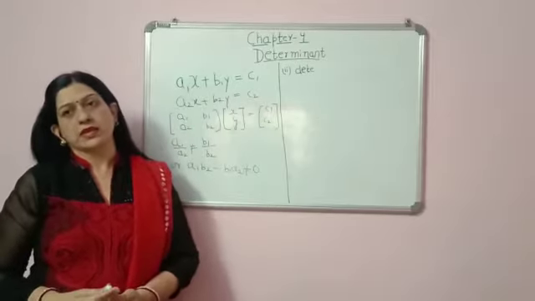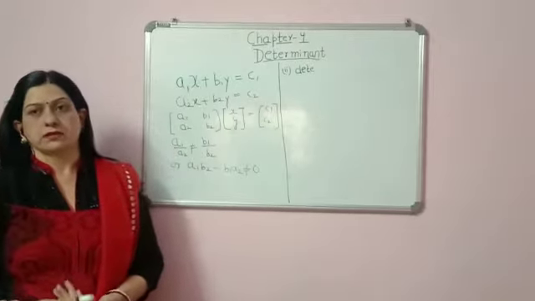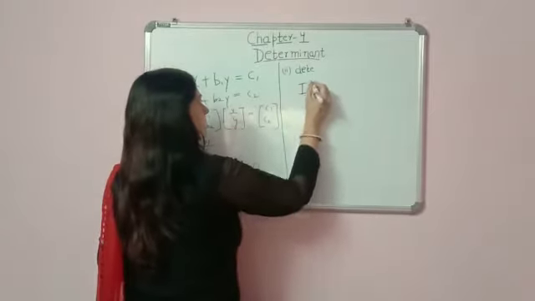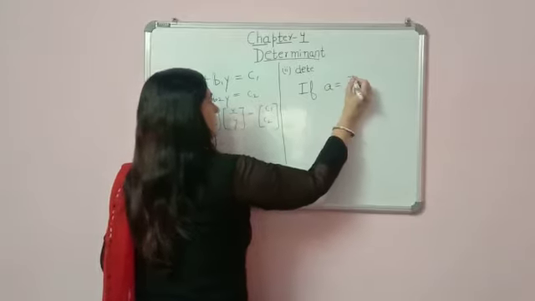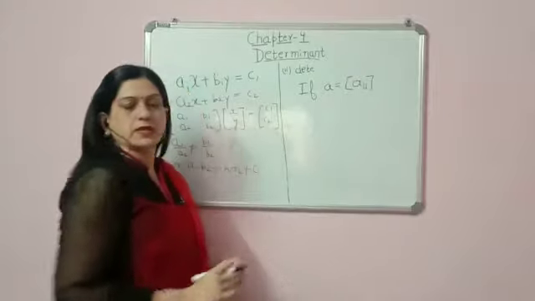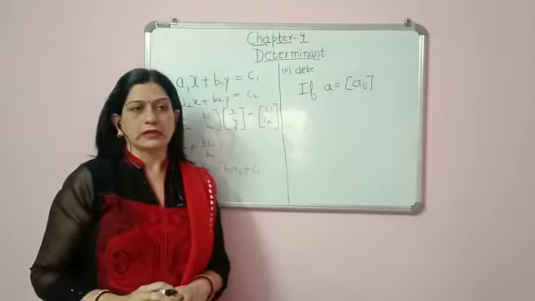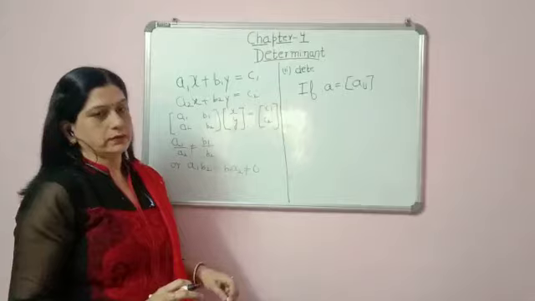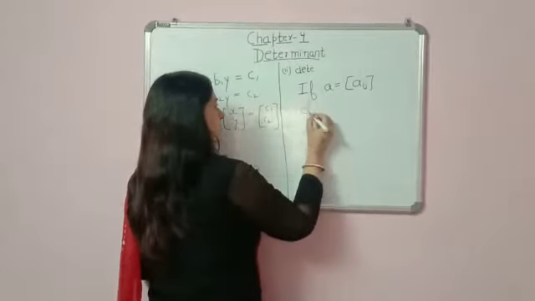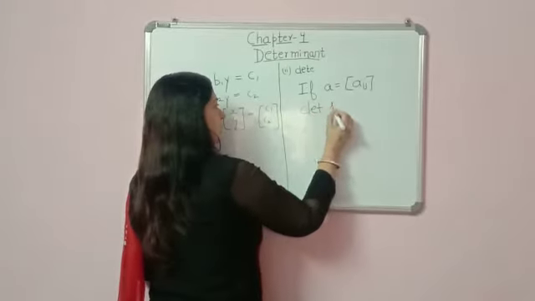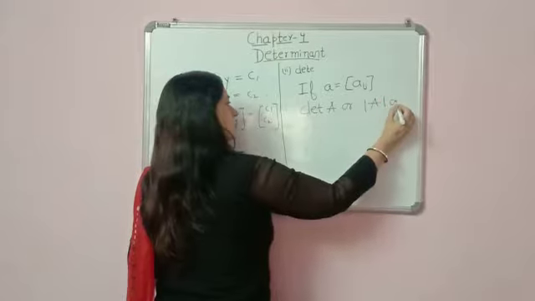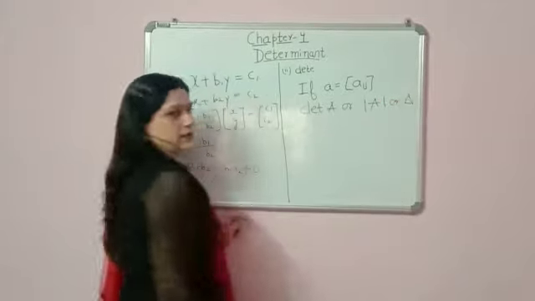So now let us see how to denote this determinant. If A is equal to Aij, any square matrix of order n, then you can denote the determinant of this matrix by determinant of A, or like this, or simply by delta.